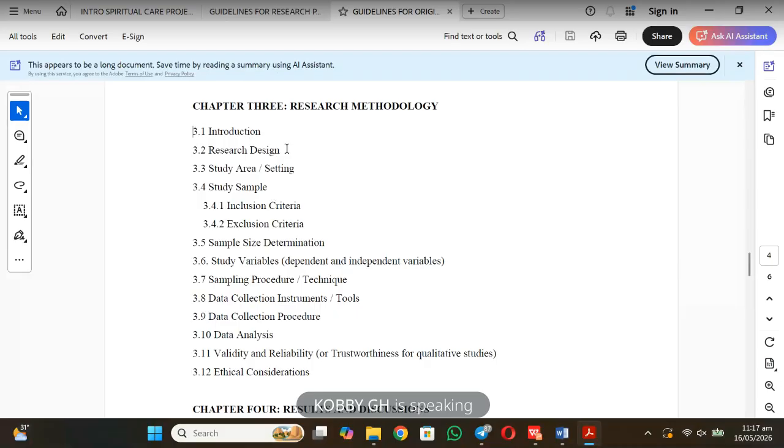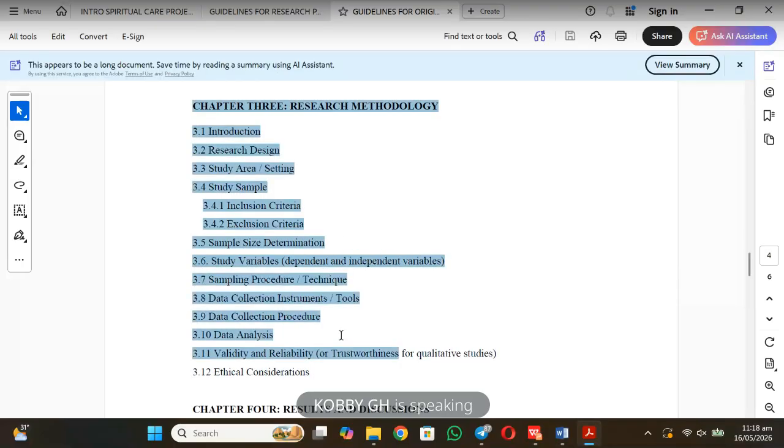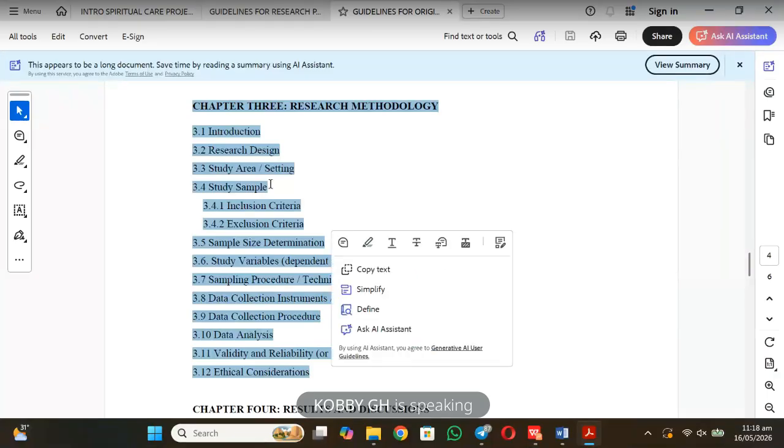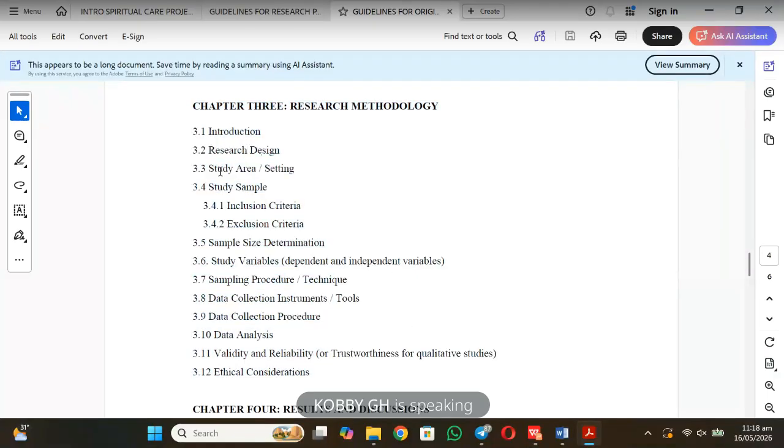If I ask you to write all the areas that a researcher has to cover in the chapter 3 section, or the methodology section of the research work: research study design, study area, study sample, sample size determination, study variables, sampling procedure or technique, data collection instruments or tools, data collection procedure, data analysis, validity and reliability, ethical considerations.